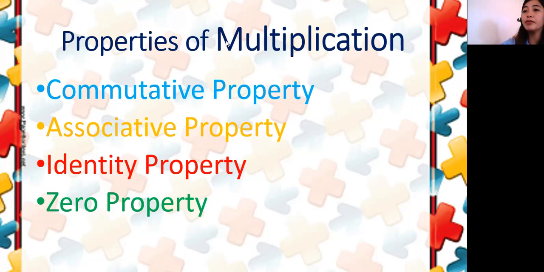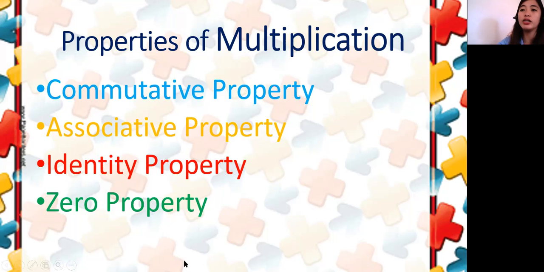For properties of multiplication, we have four: commutative property, associative property, identity property, and zero property of multiplication. Please repeat after me. Commutative property, associative property, identity property, and zero property. Great job.